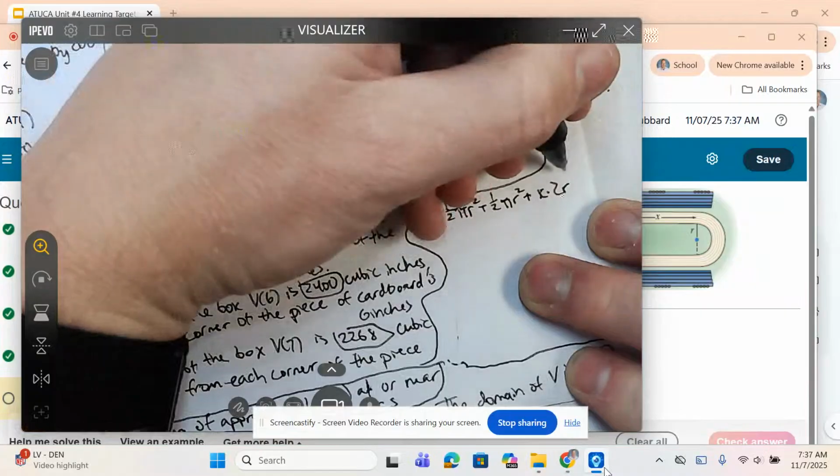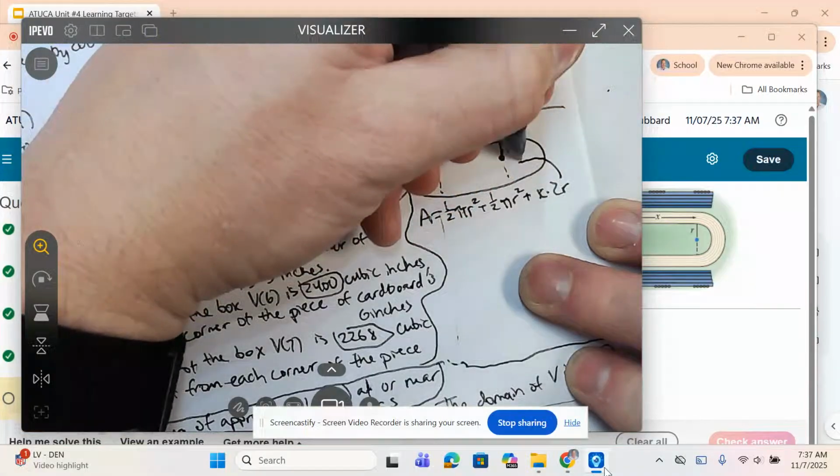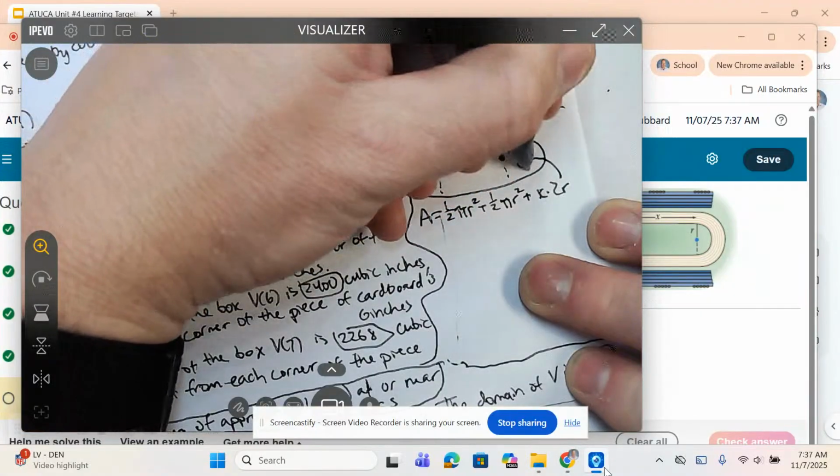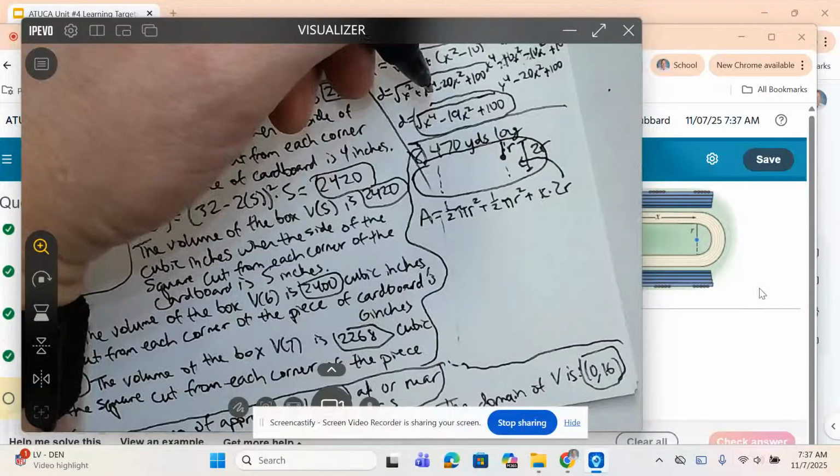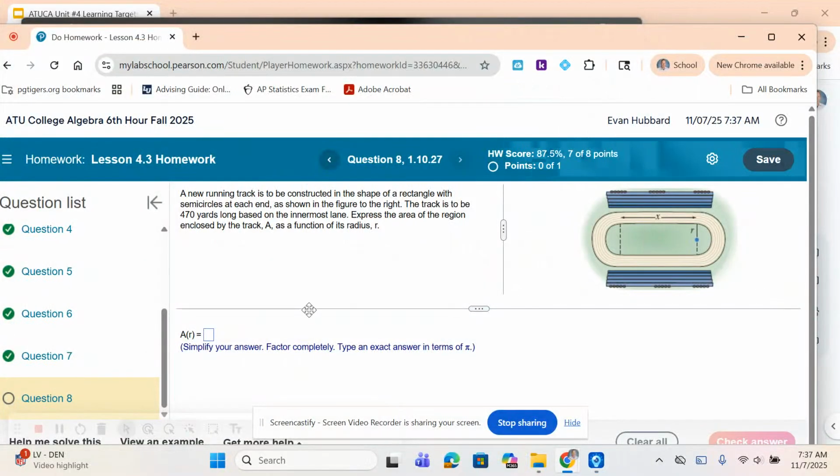And why is it 2r? It's because this side, the entire length, is 2 radii. They want you to factor completely and type an exact answer.